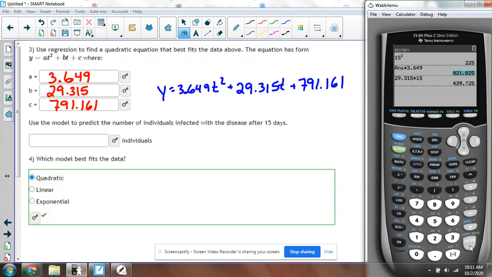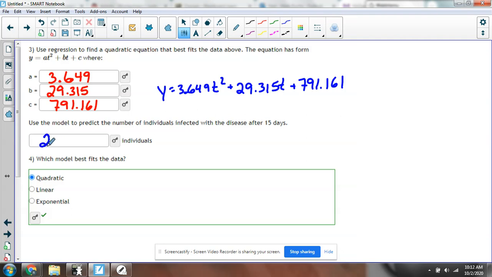I'm going to add these together, this plus that, plus 791.161. So I get 2,051.9 or 2,052. Okay, so that's really how you use the equation.